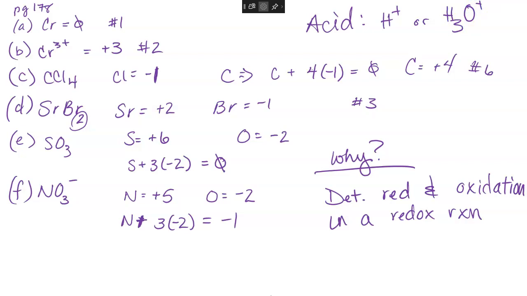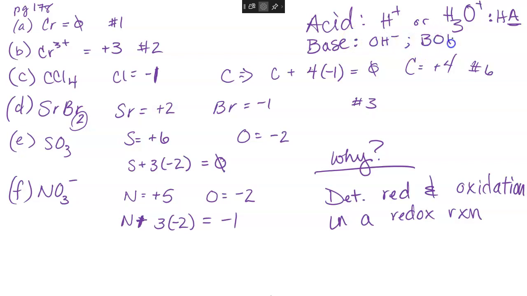So a leading H is an acid, where A can be anything after. A leading H is an acid, it donates a proton. The notes. A base has a hydroxide ion.